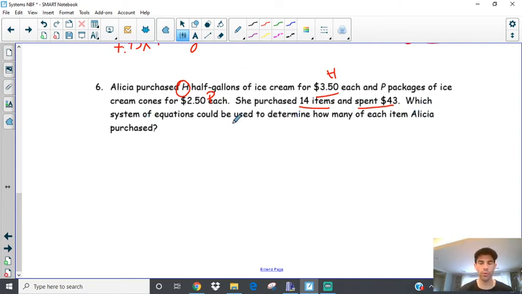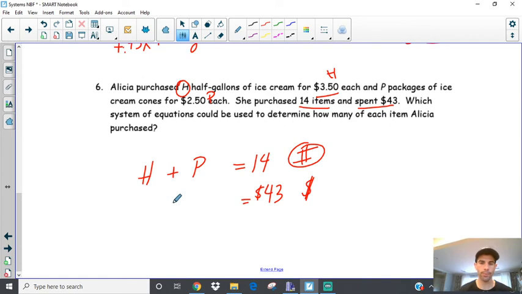All right, so let's create a system. We have two totals. One is 14, that represents the number, and one is 43, and that represents how much money I spent. So the number of what? It's the number of half gallons of ice cream and the number of packages of ice cream cones. And then 43 was from purchasing, what is it? $3.50 for half gallons of ice cream and $2.50 worth of packages.